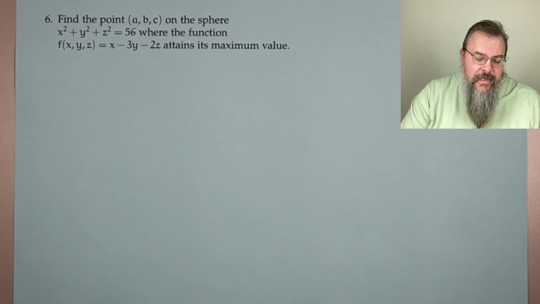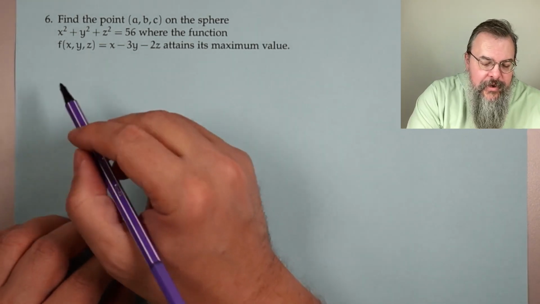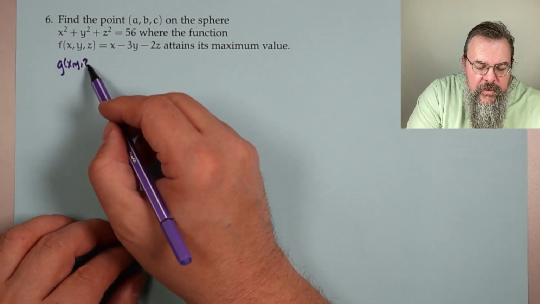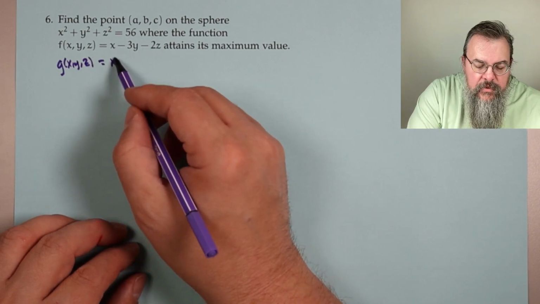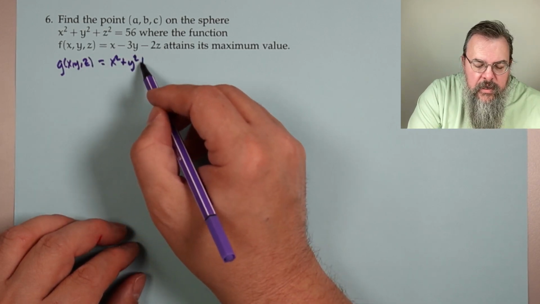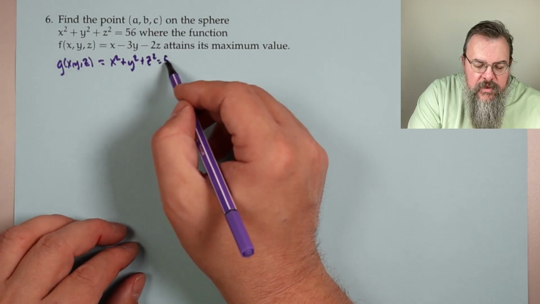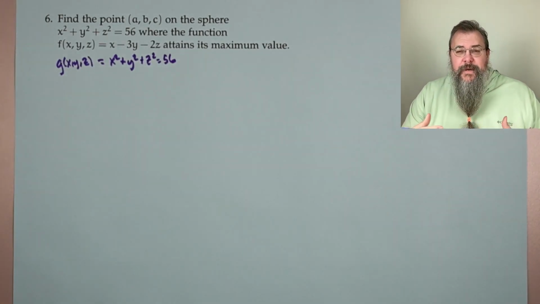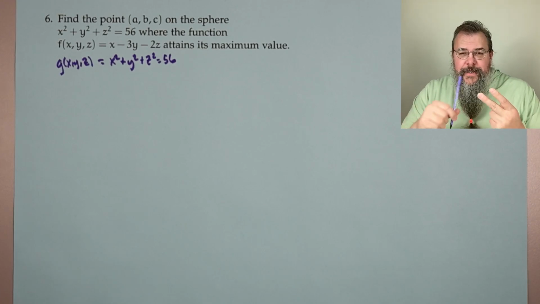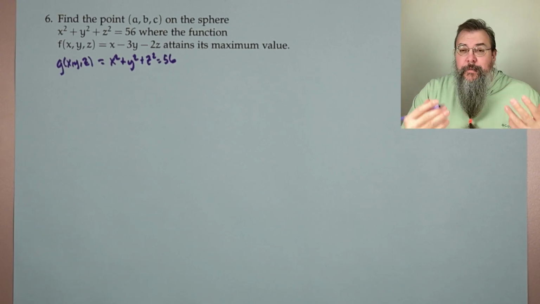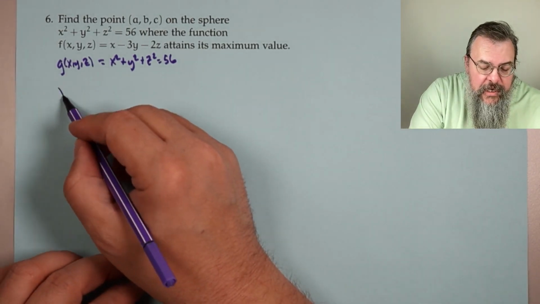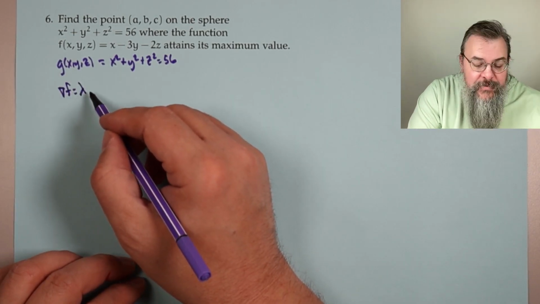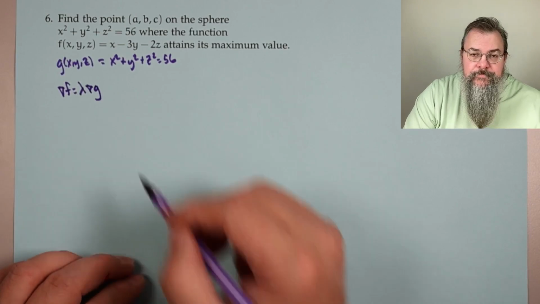So we'll start out, and I'm going to write underneath here just for reference, g of x, y, z equals x squared plus y squared plus z squared equals 56. We start all Lagrange multiplier problems, once we've clearly identified our two functions f and g, by saying we need the gradient of f to be parallel to, or a multiple of, the gradient of g.